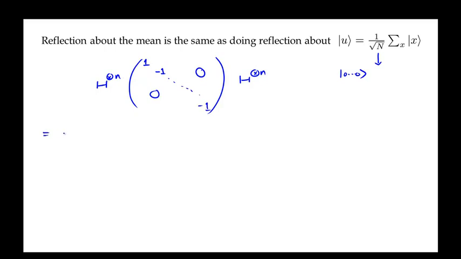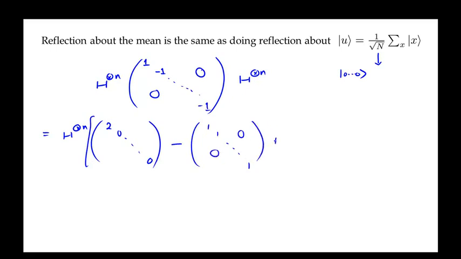So you could write this as the Hadamard transform times 2 times the matrix with a single 1 in the top-left entry, minus the identity matrix, times the Hadamard transform. So what is this?